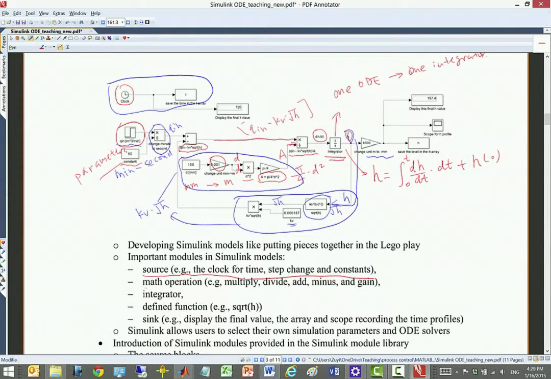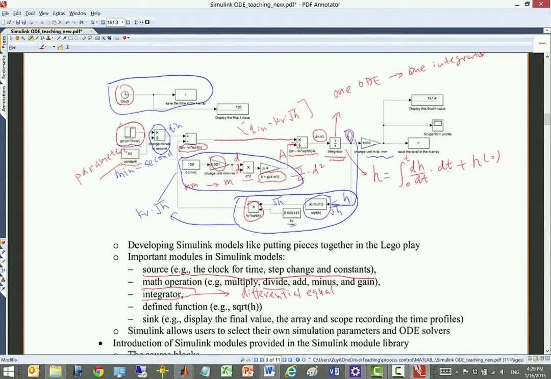Also we have math operations, right? For example, multiply. See, this is a multiply, this is multiply, and then we also have divide, and also summation and minus, and also we have gain, right? At the same time we also have the integrator, specific for the differential equation.